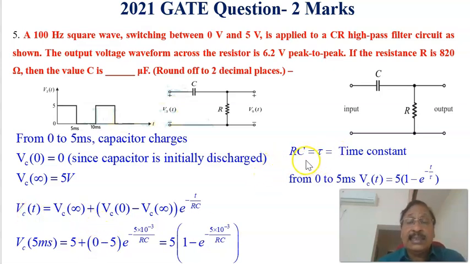Since RC is the time constant, the general equation during charging is VC(t) equal to 5 into 1 minus e raised to minus t by tau, but at 5 milliseconds it is 5 into 1 minus e raised to minus 5 milliseconds divided by tau. Tau is the time constant, the product of R and C.